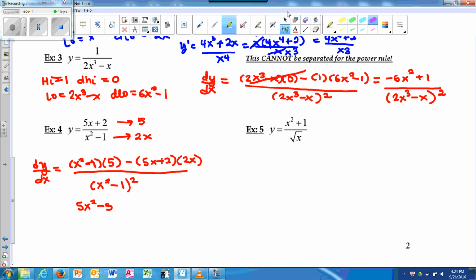I have to remember to distribute the negative 1 and distribute the 2x. Let's pick a different color for that. That red and pink did not show up very well together. So I have to distribute both of those across the 5x plus 2.